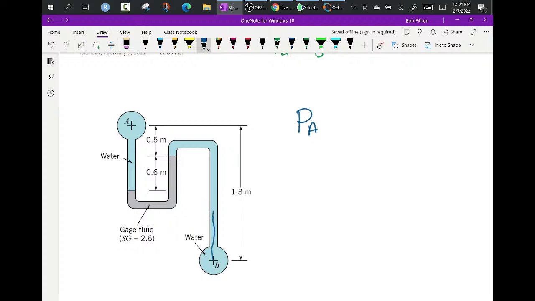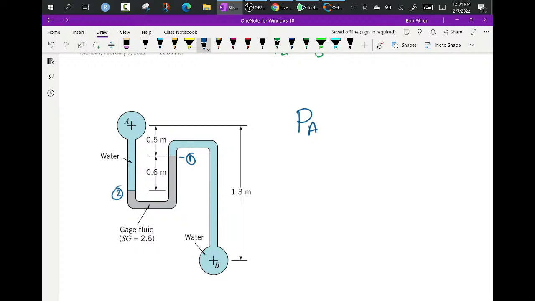So here, I go up, then I'm going through this fluid, which is water, and I end up landing right here. Now, there's two things you could do. One, you could label every interface, and I'll do it that way first.